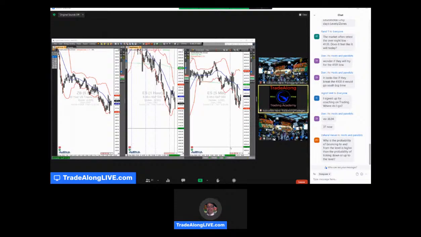Basically, I'm looking at the technical analysis to give us those areas that I think the market will bounce off of versus the probability that it's going to reach or hit a target.